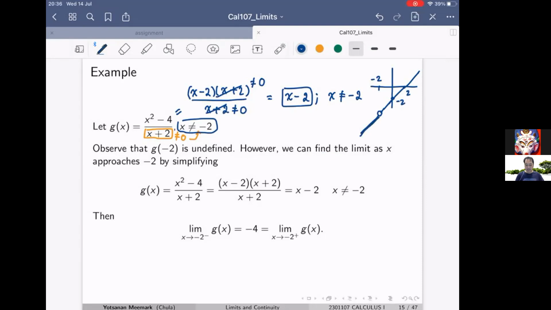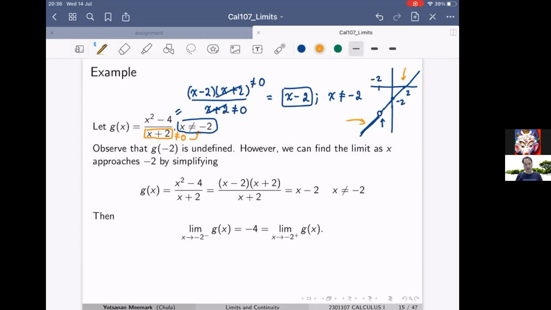Only at this point that your function cannot evaluate the value. So at this point, your graph has two pieces. This is one of the pieces, this is another one of the pieces. It is tearing apart at that white dot.